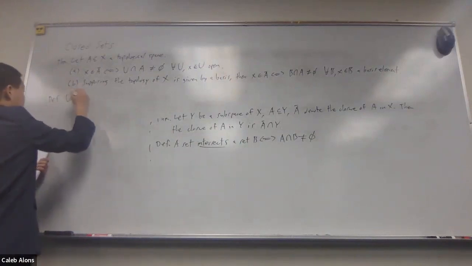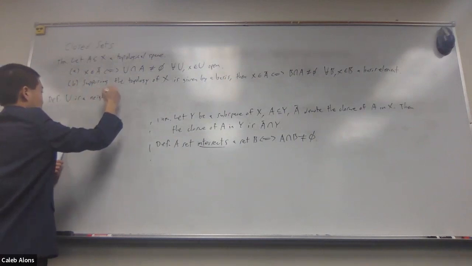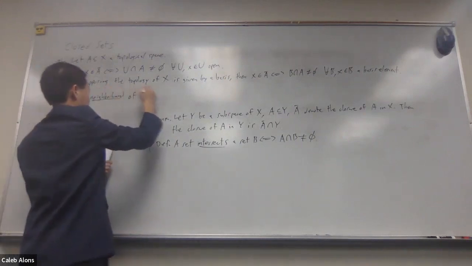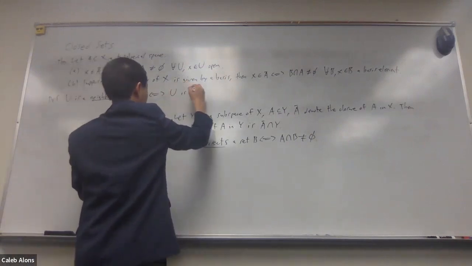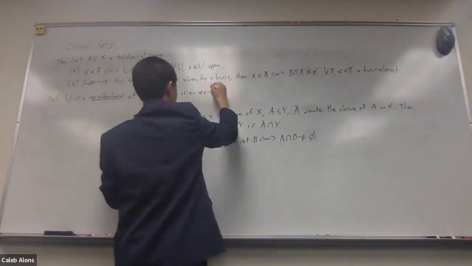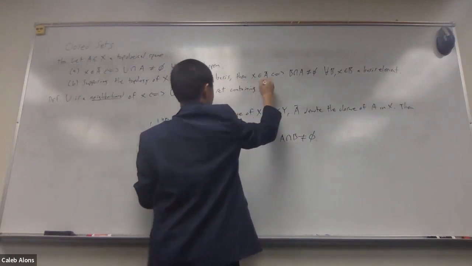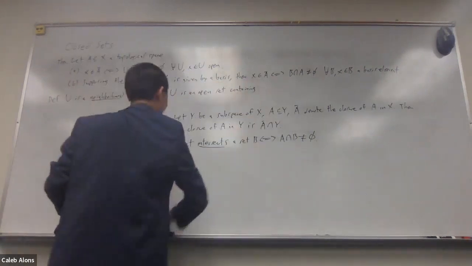So U is a neighborhood of an element x if and only if U is an open set containing x. Oh wait, that's the wrong X. Little x.